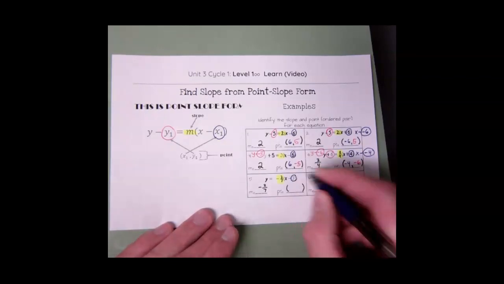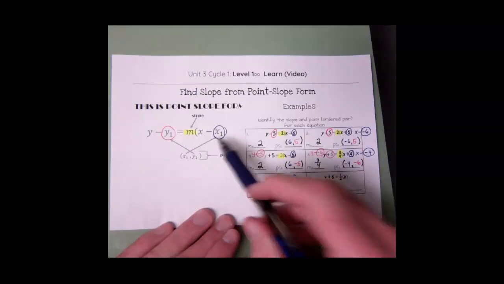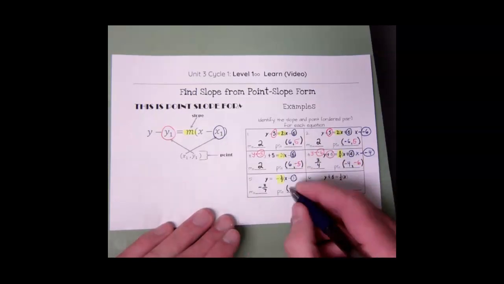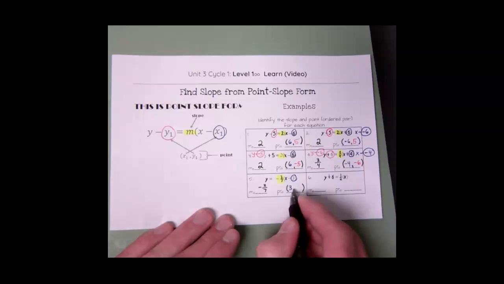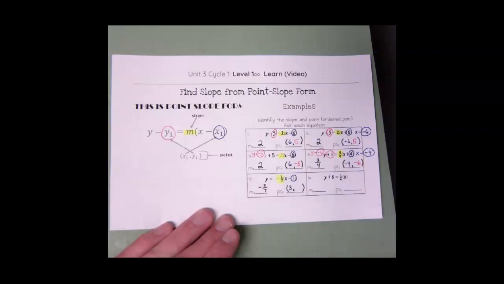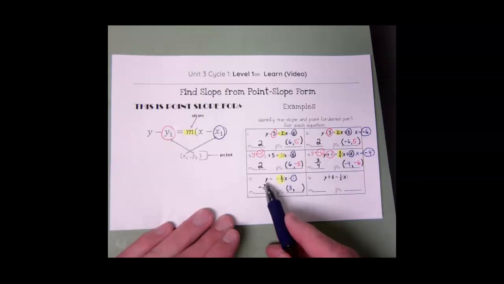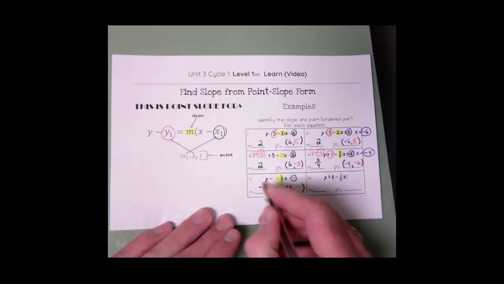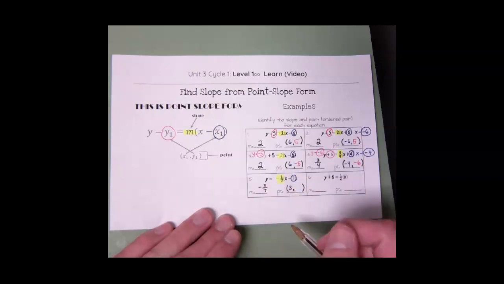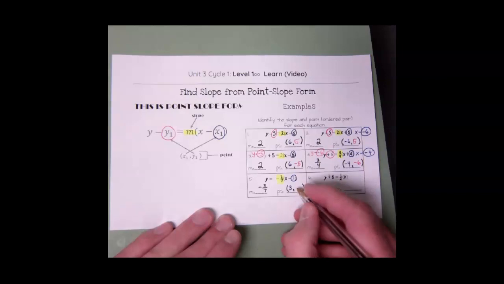So, x minus a number, you just put the number, so 3. Now, we don't have anything over here, right? There's no value over here on the left. So it's just y plus nothing, y minus nothing. So my point would just be 0. Because I don't have anything over there.